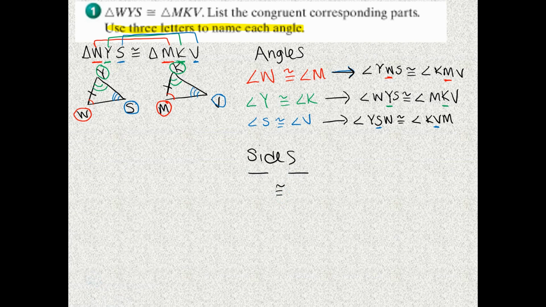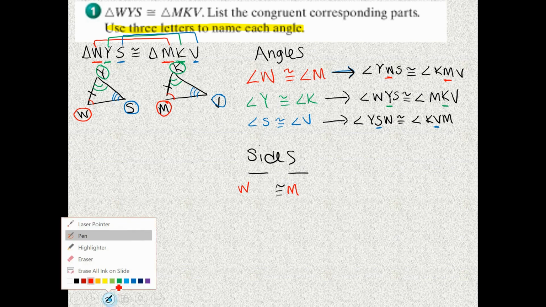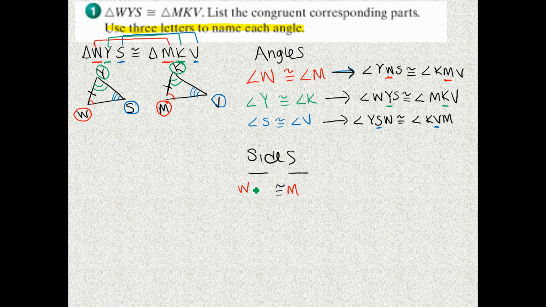So if I'm using my color coding, W corresponds with M, and Y corresponds with K.